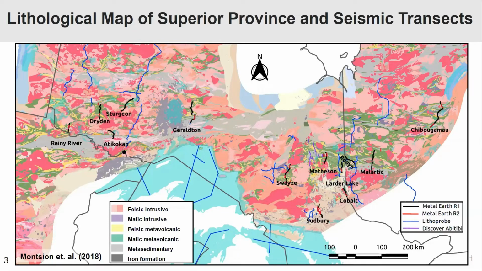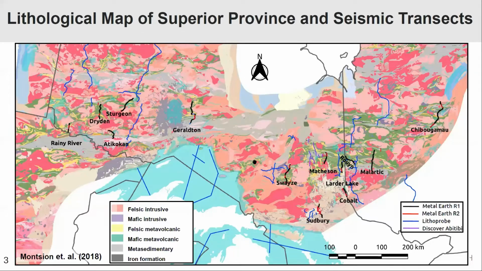And under there is the lithological map, with some simple notation for a geophysicist to know what the different colors represent. Anywhere you see pink, that's a felsic intrusive, and purple is mafic intrusive. Yellow and green colors are volcanic, respectively felsic and mafic volcanic, and gray and orange are usually sedimentary units.